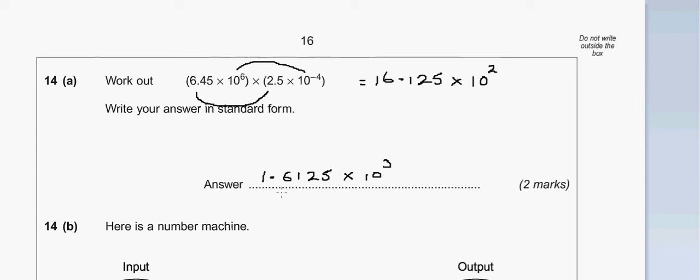Now, for me to get 1612, the decimal point from 1.6125 would need to move back 3 times, so that's why it's 10 to the power of 3. If you're a bit iffy about standard form, it's well worth practicing because it always comes up in the exam.